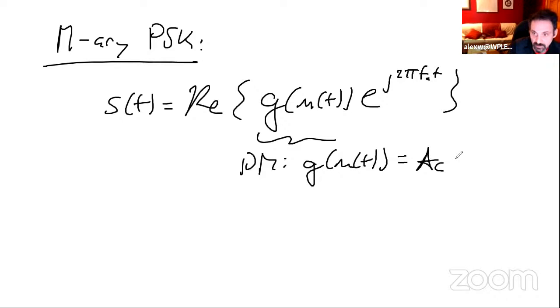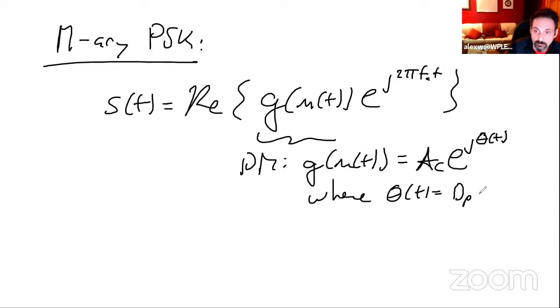No information is communicated that way in this case. e to the j theta, where theta is equal to d_p m of t. It's a straight shot. It is completely 100% a straight shot: whatever our message signal is, our information gets multiplied by this phase constant, and that is what is equal to theta.